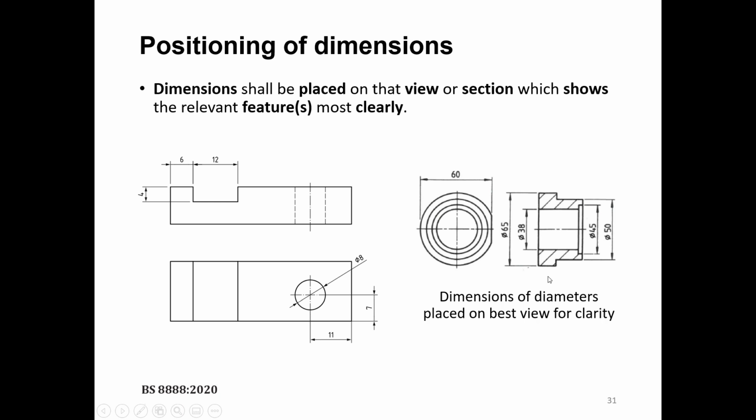Here you can define the diameter of the circle itself on this view, because you have different circles here. So it's easier to define the diameters on this view rather than on this view. But for this particular one, because it's been cut here, it's easier to place the dimension on this view for the 60 millimeter dimension.